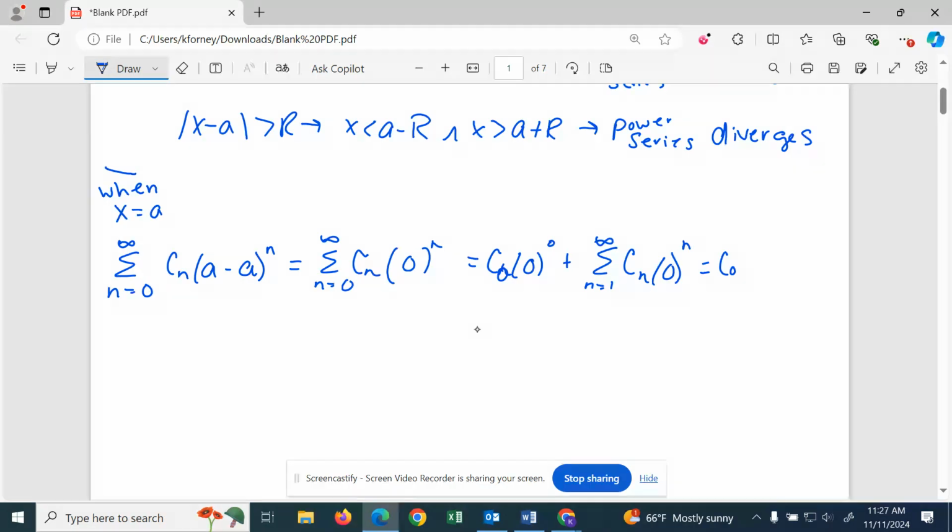So that's c sub 0 plus the rest of the terms, which are all 0, which is equal to c sub 0. Okay?